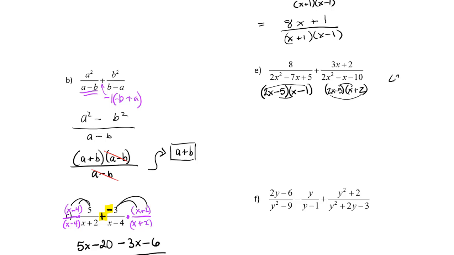So my LCD for this will be 2x minus 5, x minus 1, and x plus 2. Those are my 3 factors. So the first fraction will need to be built up by an x plus 2, and the second fraction will be built up by an x minus 1.